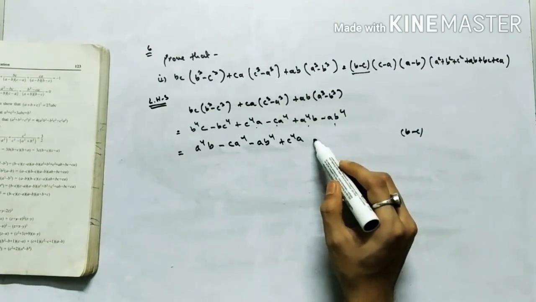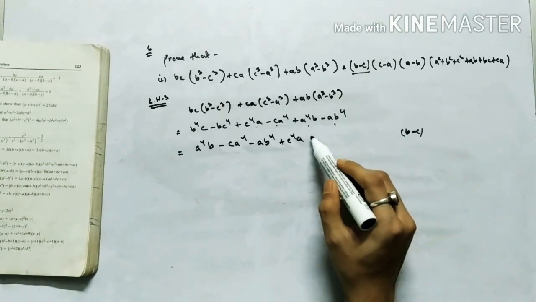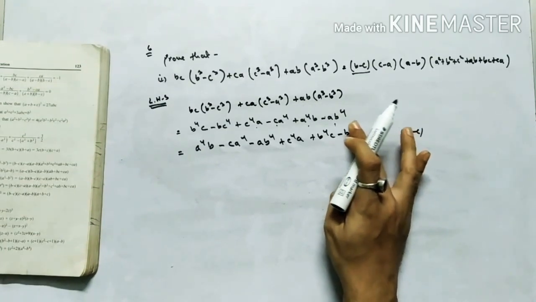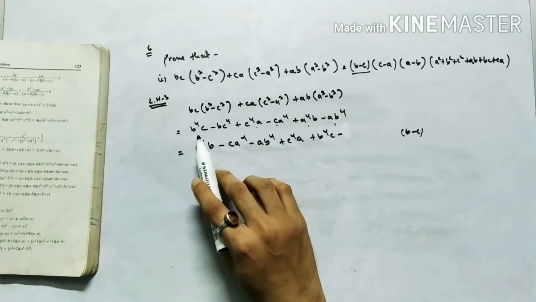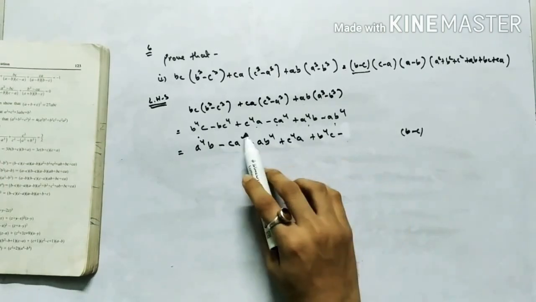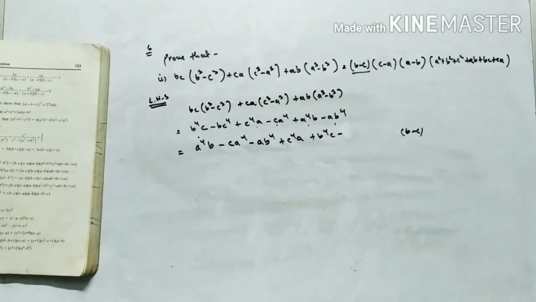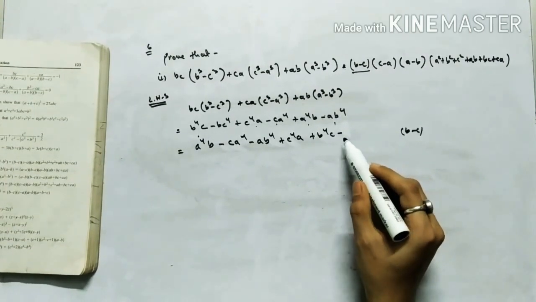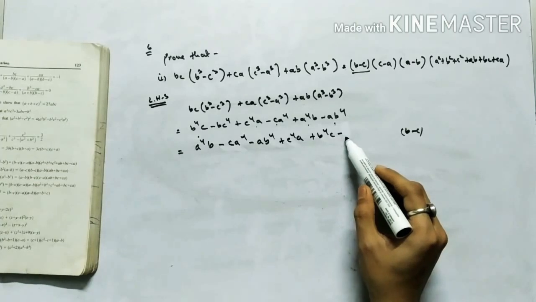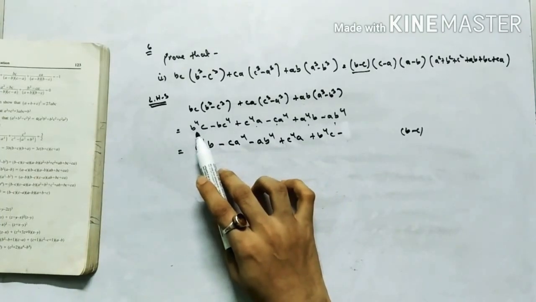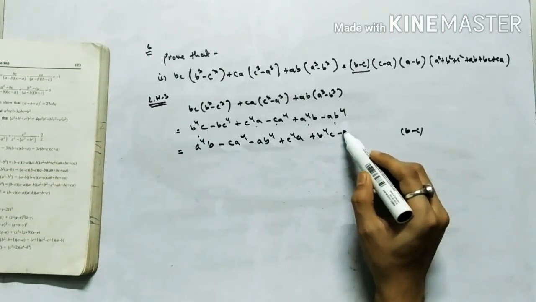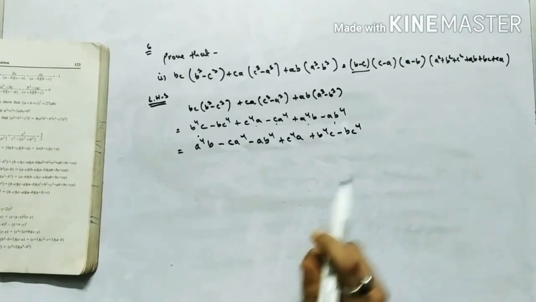Then next it is CA4, then plus B4C minus B4C minus BC4 I will do. Okay, this one I will do.